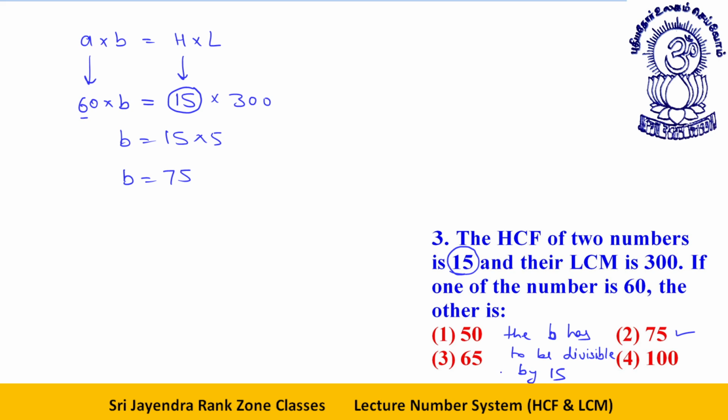How many options are there which are divisible by 15? Option 1 is not there. Option 3 is also not divisible by 15. Option 4 is also not divisible by 15. So option 1, 3, 4 all are rejected. Okay. So option 2 is your answer.